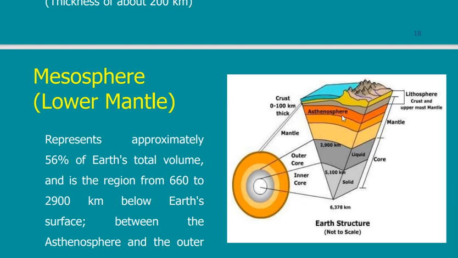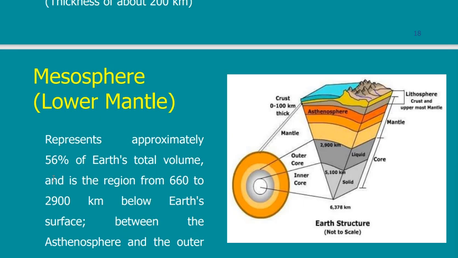This is the asthenosphere. The mesosphere is the lower mantle, which is this portion. We can say here that it represents approximately 56% of the Earth's total volume.